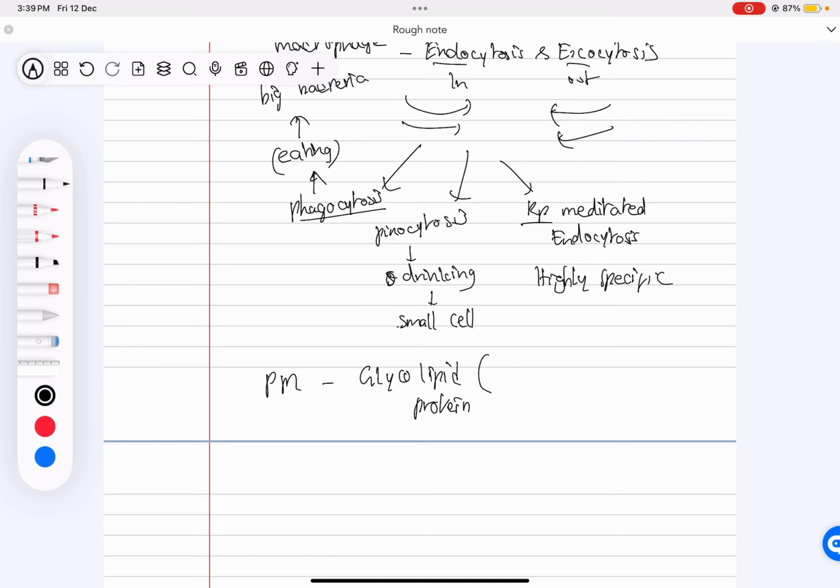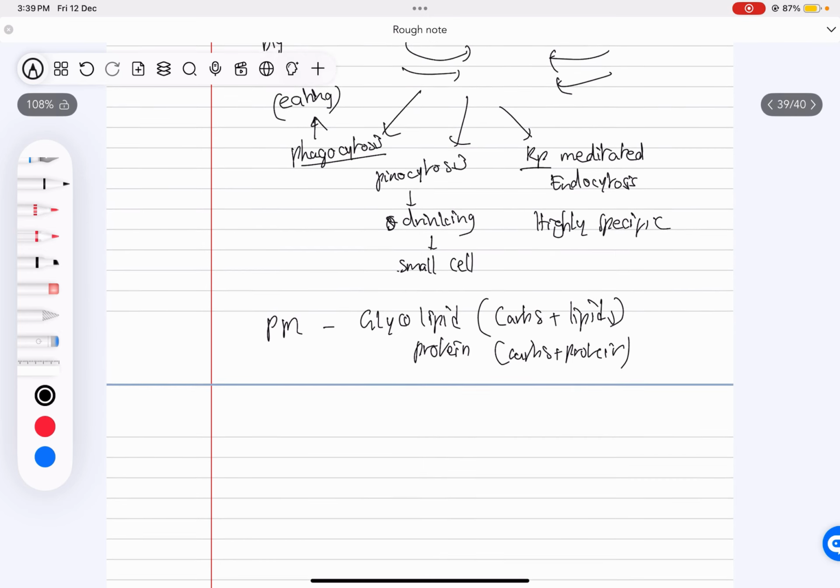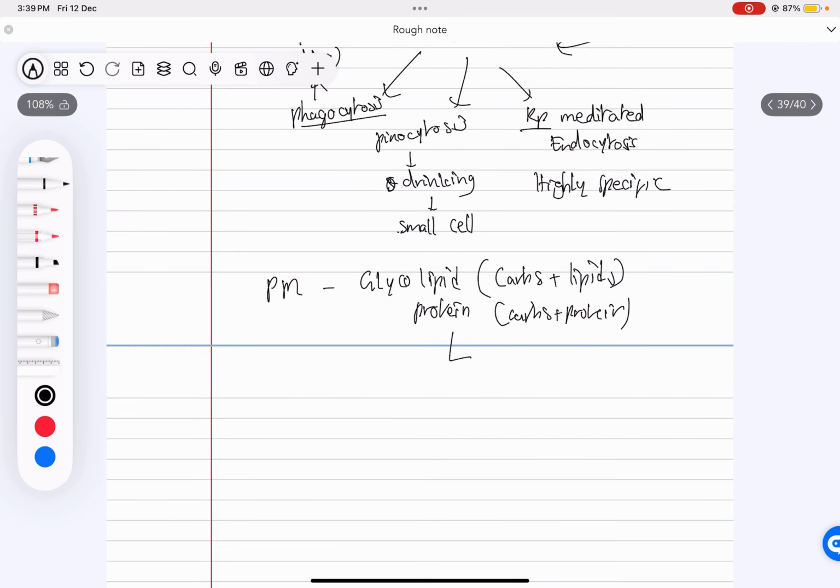Glycolipid is carbs plus lipids. Glycoprotein is carbs plus protein. Using this, we can recognize the ABO blood group, based on the receptors, antigen and antibody present.